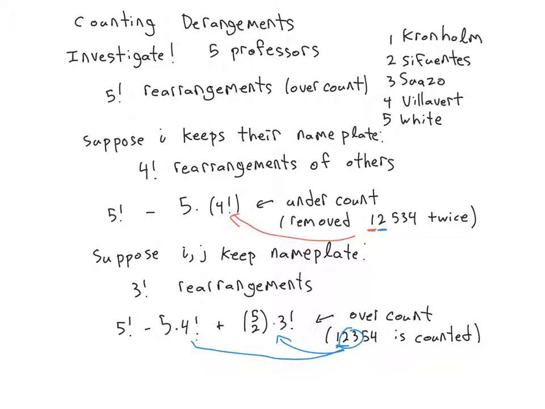And if you fix any one of them, it was counted negative 3 times from this term, but it also appeared originally in this term. So you have 1 minus 3 plus 3, which is 1, but this is not a solution to our problem. So we see that it appears once in our supposed count, but it should appear 0 times. And so we need to subtract off these ones as well. And we'll do that in the next slide.